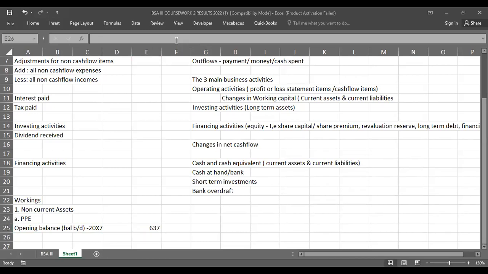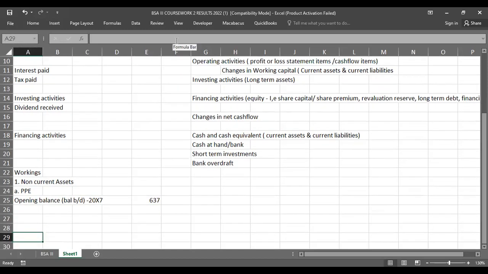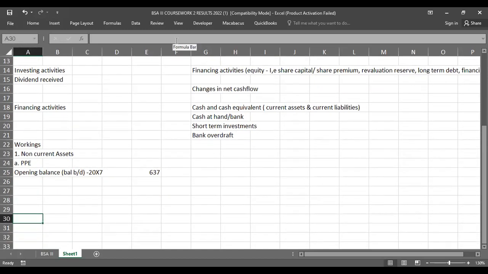You can also call it the closing, but this time you leave space just for activities that may occur in between. You say closing balance, or balance at the end of the year, balance carried down, but you know it's referring to 2018. The amount was 825.